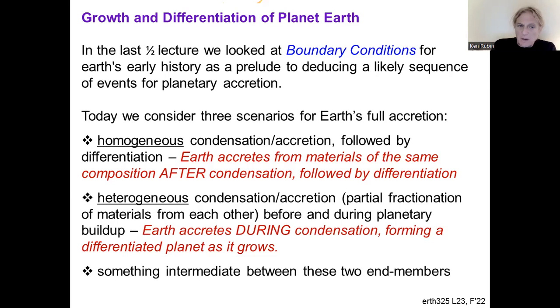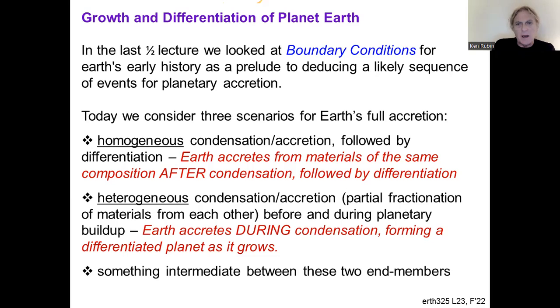And then the other model is something intermediate between these two end members. And again, cutting to the chase, neither of these end members explains Earth particularly perfectly, although homogeneous is better than heterogeneous. Something that is mostly homogeneous with what I call a little bit of funny business at the end, or a little bit of heterogeneity at the end, and in fact, a couple of phases of heterogeneity, as we'll see, is the model that best explains things compositionally.